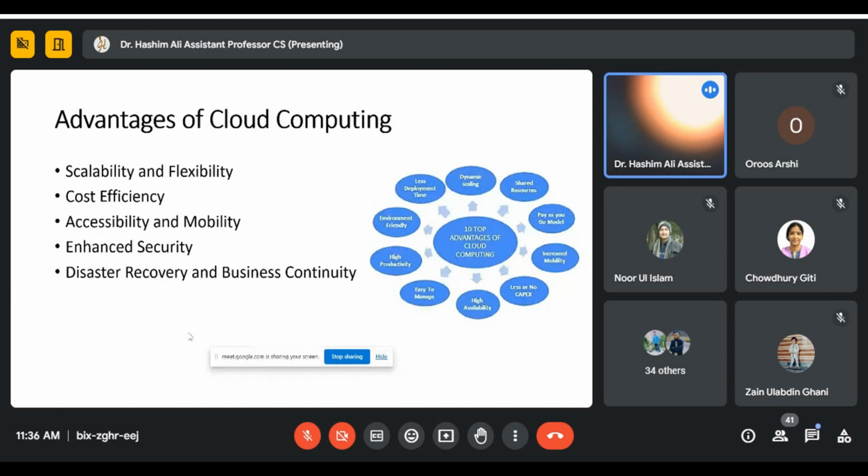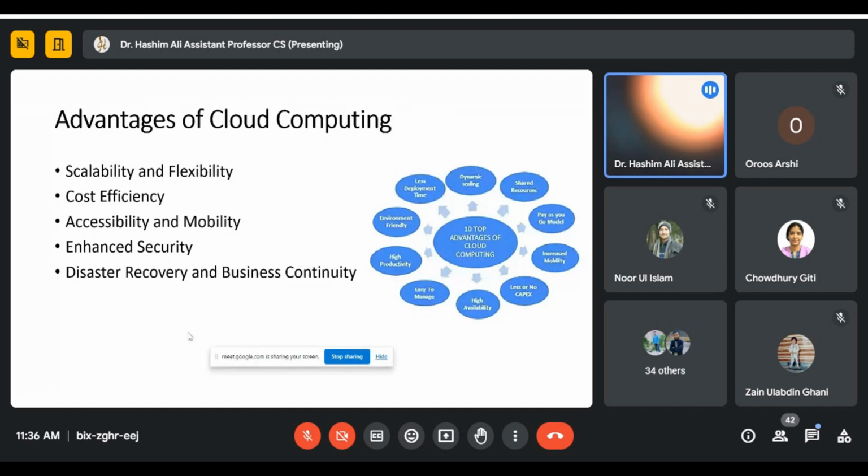Cloud computing is available 24/7, 365 days, so it is available all the time. Obviously it is easy to manage and environment friendly. And another important thing is the low deployment time: little or no deployment time is required to host your application over the cloud infrastructure.